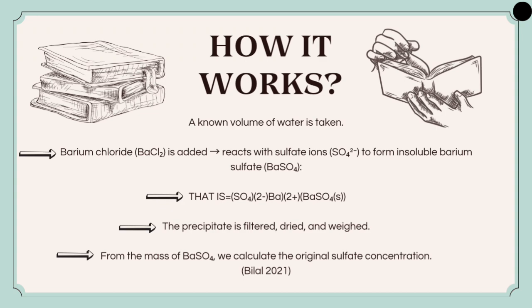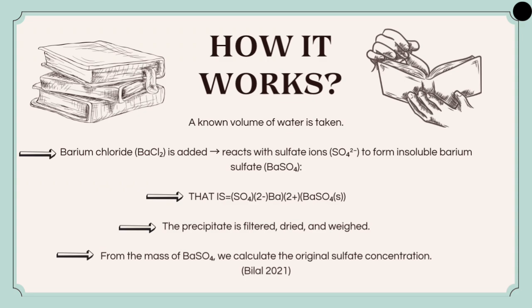First, we take a known volume of water, then we add barium chloride. This reacts with sulfate ions in the water to form barium sulfate, which is an insoluble solid. We write this reaction as SO4 2- plus Ba2+ equals BaSO4(s).